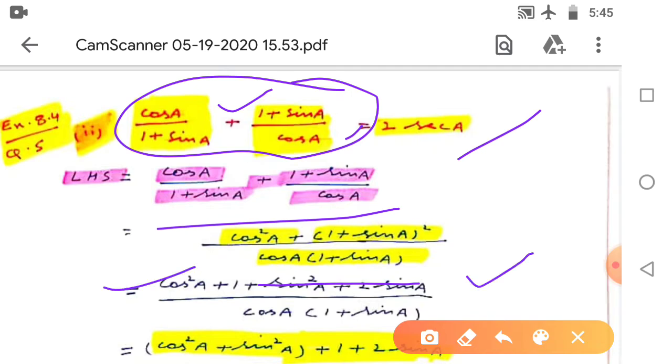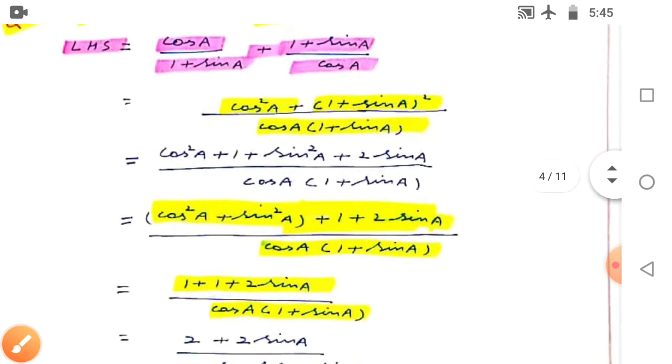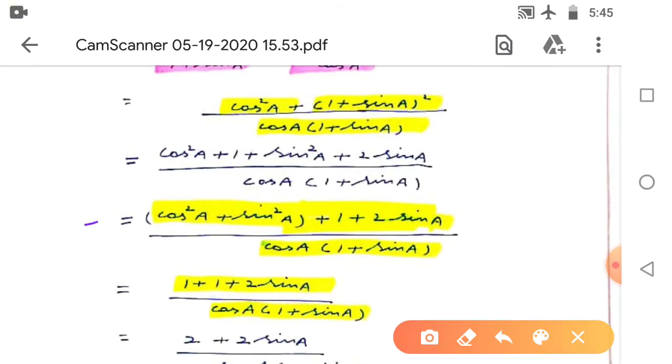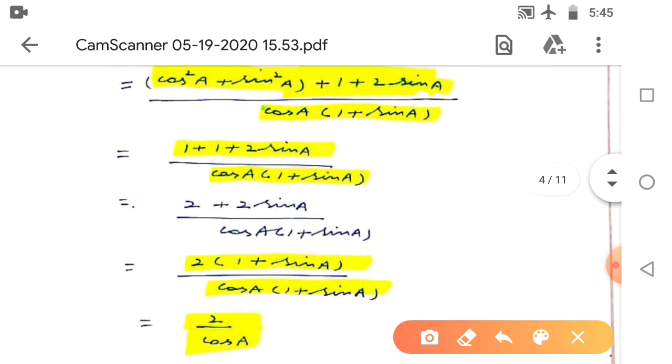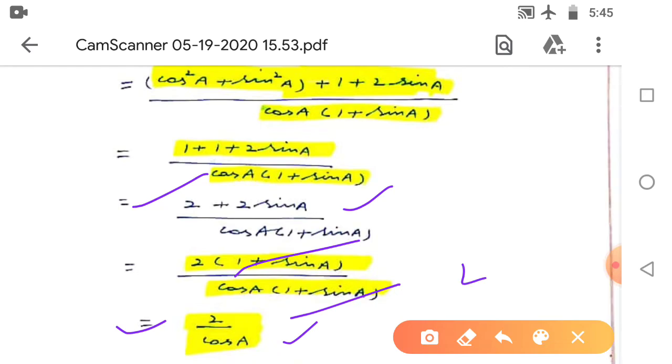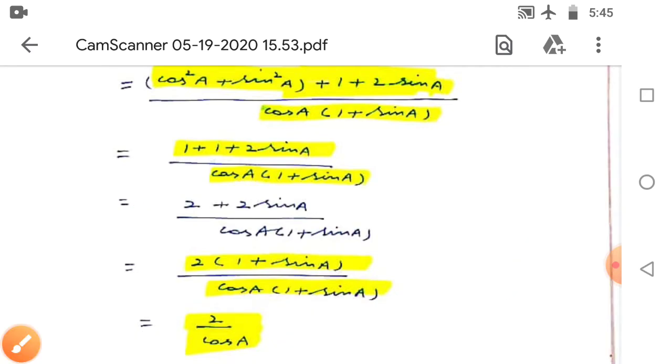After taking the LCM in the numerator, apply A plus B whole square, open it, and then use cos square theta plus sin square theta is 1. 1 plus 1 plus 2 sin A. Take the common as 2 here in the numerator. This is 2 common, right? So this is 1 plus sin A, and already we have 1 plus sin A in the denominator, and this is 2 upon cos A, and that is equal to 2 sec A. That is 2 sec A, right?